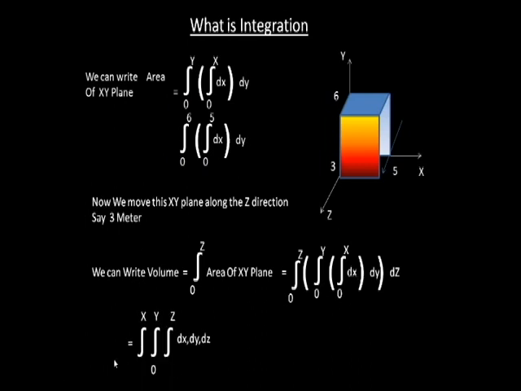That is the triple integral over x, y and z of dx dy dz, with limits 0 to 5, 0 to 6 and 0 to 3. Once we solve this integration, we get the answer 5 into 6 into 3, which is equal to 90 meter cube.